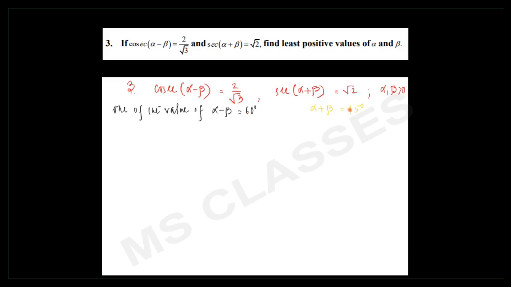So what can we do? Here we can think in this way: sec is positive in which quadrant? Obviously in the first quadrant, there is one possibility. But except that, we have another possibility in the fourth quadrant also, because in the fourth quadrant sec is positive.